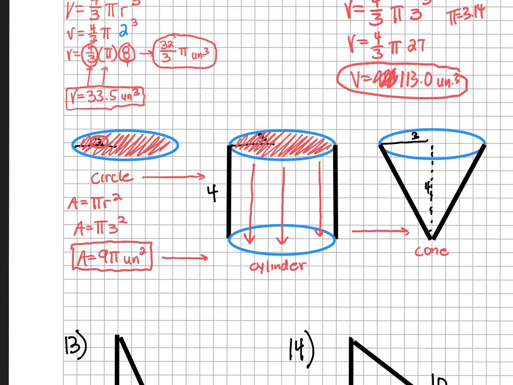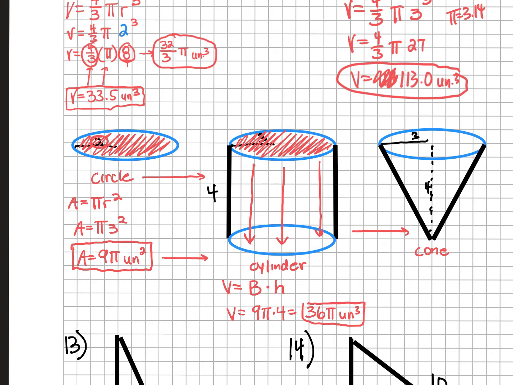So in math terms, this is volume equals, we take the base shape, which was that circle, and we stretch it by the height. We're just letting it grow. We're letting 9 pi grow by 4, and it becomes 36 pi units cubed, because now it's 3D. Okay. So anytime you want to turn a circle into a cylinder, you just let it grow, you multiply it.